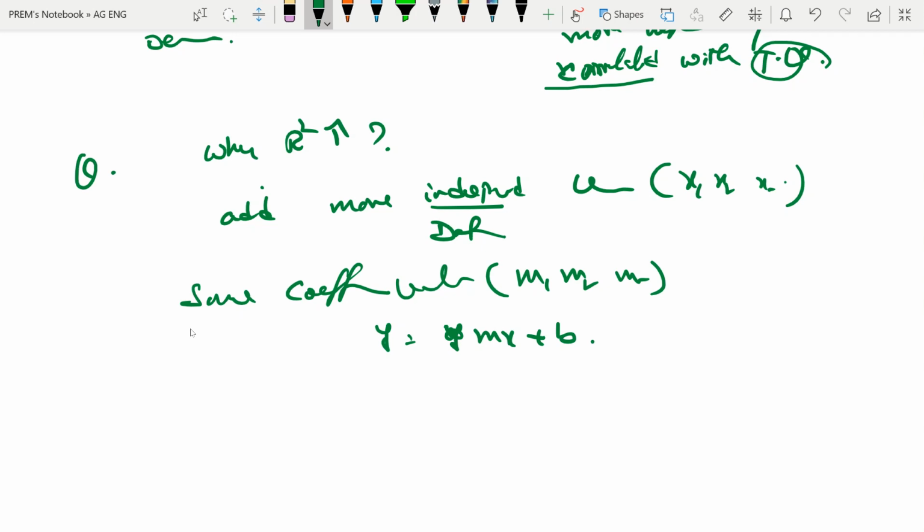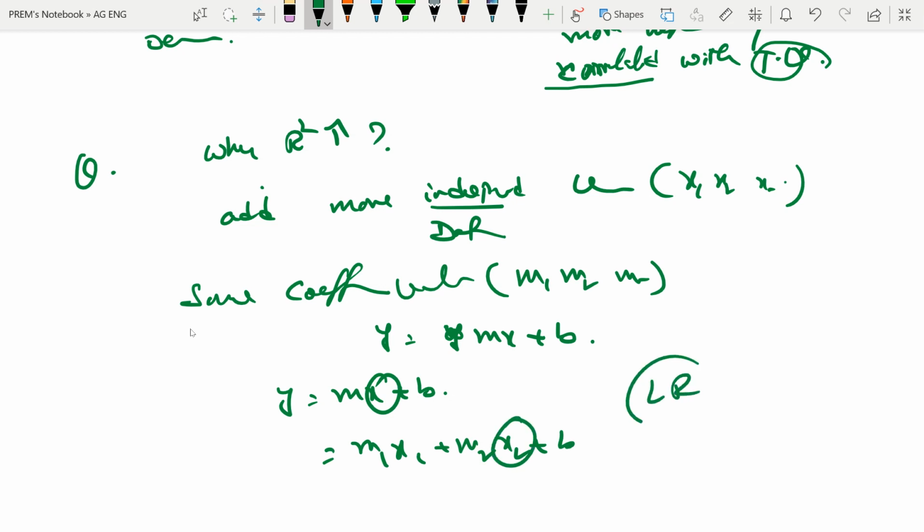Suppose our equation is y is equal to mx plus b, with only one independent variable. If we add one more feature, m1 x1 plus m2 x2 plus b, then our linear regression model will try to assign some value to m2. So then what happened? The SSRES value is decreasing.